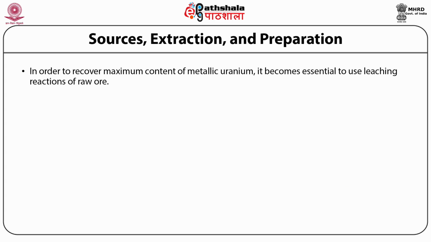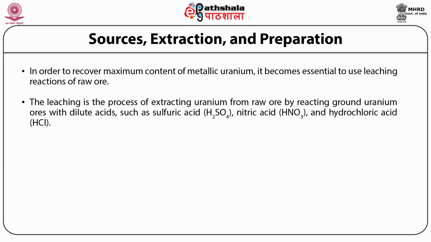In order to recover the maximum content of metallic uranium, it becomes essential to use leaching reactions of raw ore. Leaching is the process of extracting uranium from raw ore by reacting ground uranium ores with dilute acids such as sulfuric acid, nitric acid, and hydrochloric acid.